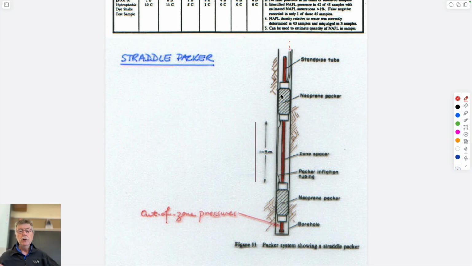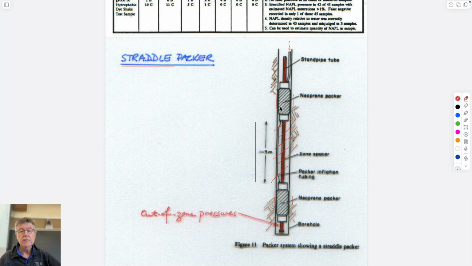They expand like a balloon against the borehole, and they seal it from up, and they seal it against down. So now you have a straddle packer zone, which is isolated from the borehole above and the borehole below. It doesn't necessarily have to be at the bottom. It could be retracted along the borehole.